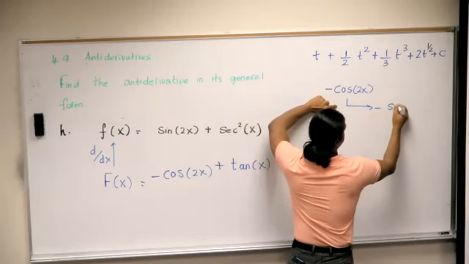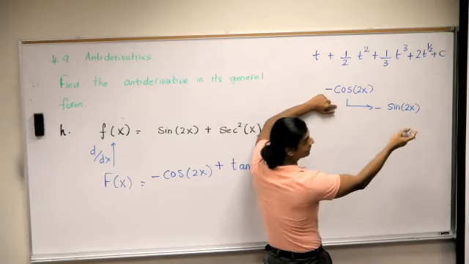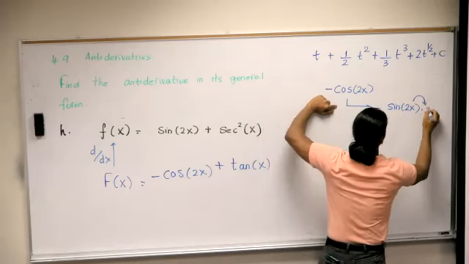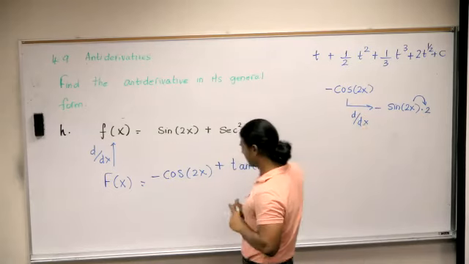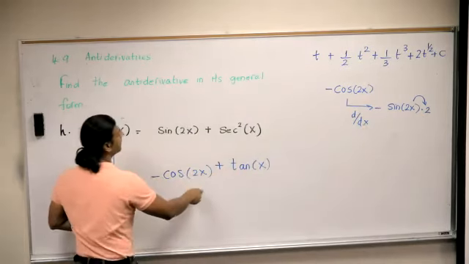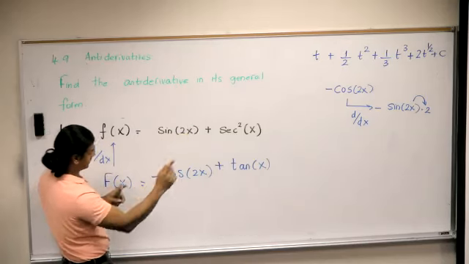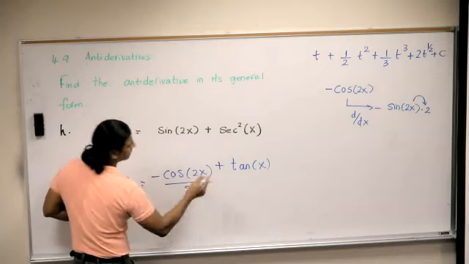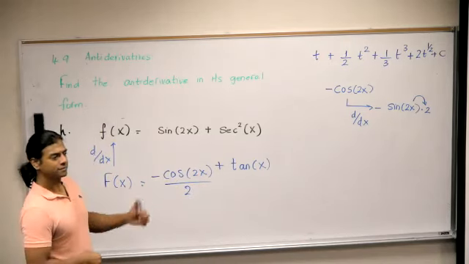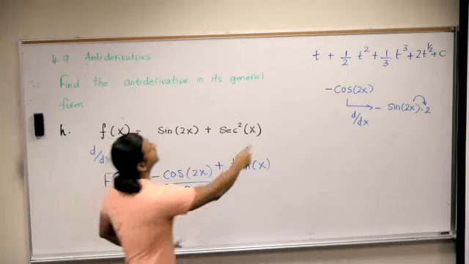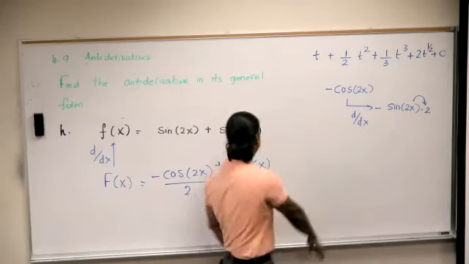So technically, when I take the derivative of minus cosine 2x, I will get 2 sine 2x. So I have to divide by 2. Does that make sense? You could do something like this and just divide by 2 on both sides.